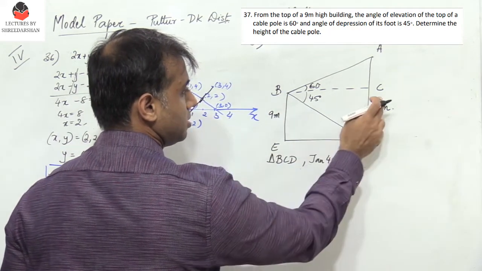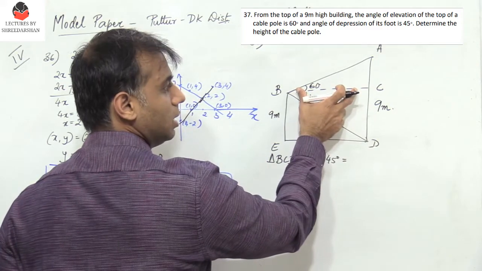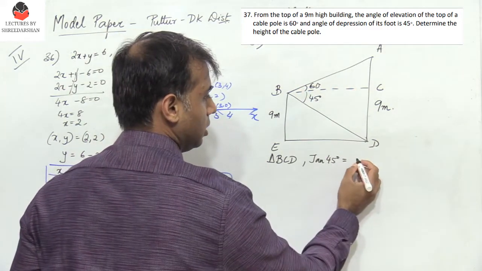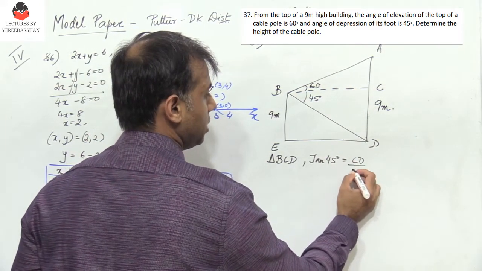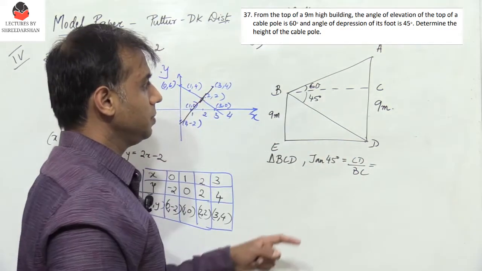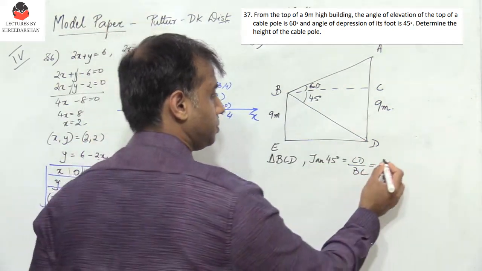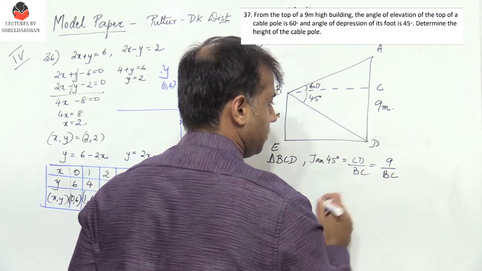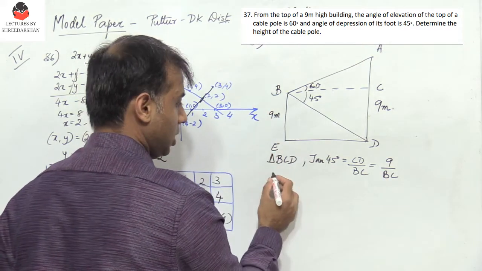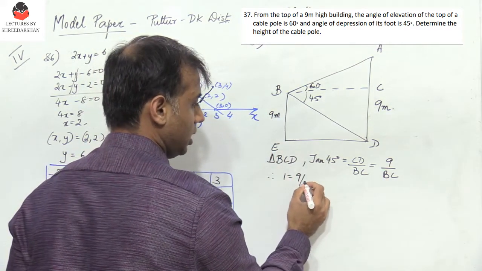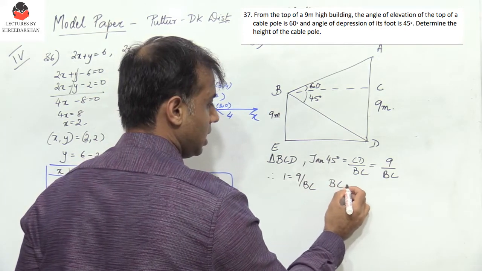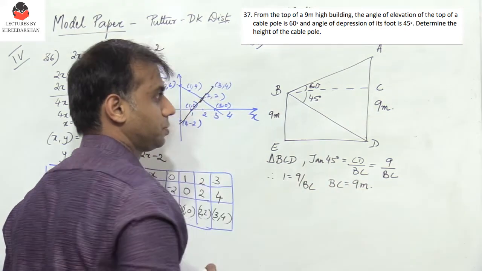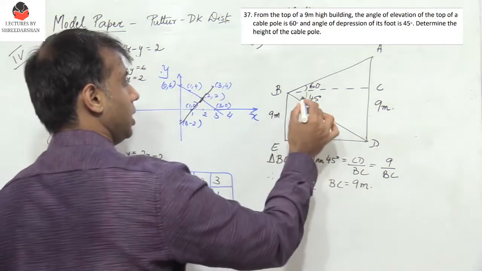Tan 45 degrees is the opposite side by the adjacent side. So the opposite side is CD divided by BC. But what is CD? CD is 9, divided by BC. And what is tan 45? 1. So therefore 1 equals 9 by BC, or BC equals 9 meters. So you find that this is also 9.